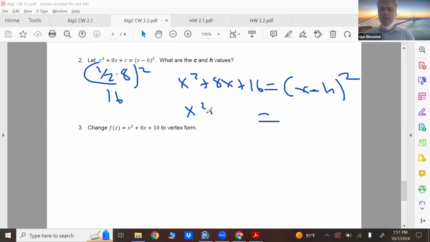So what does that become on the right side? x plus 4 squared. All makes sense?